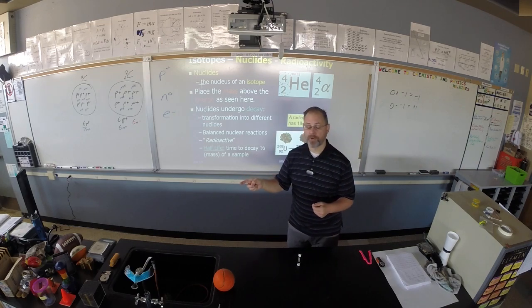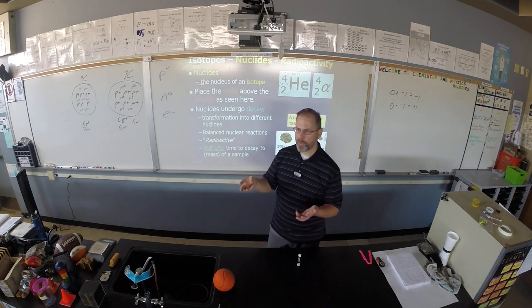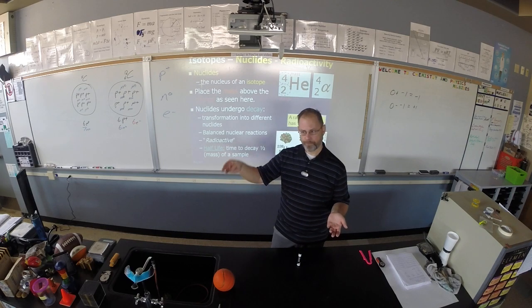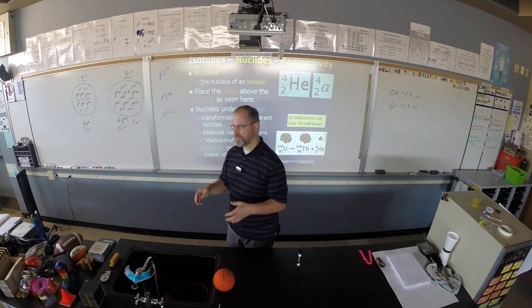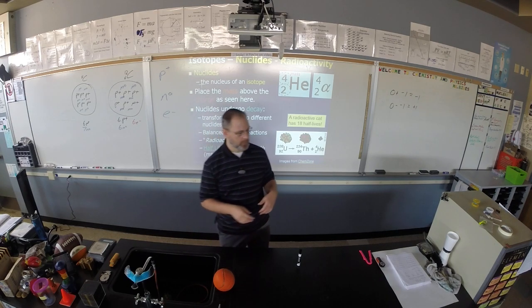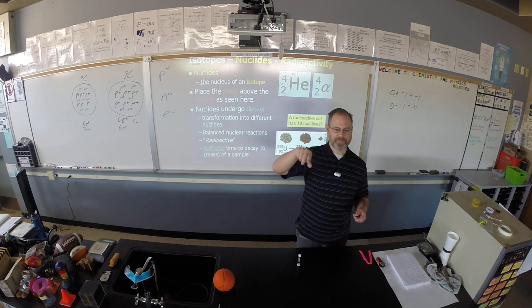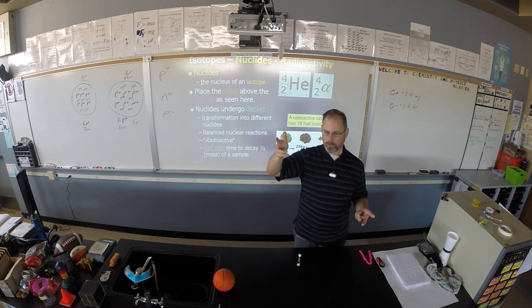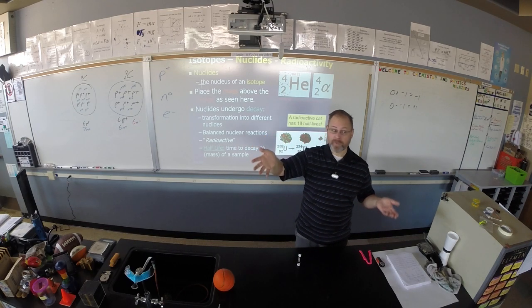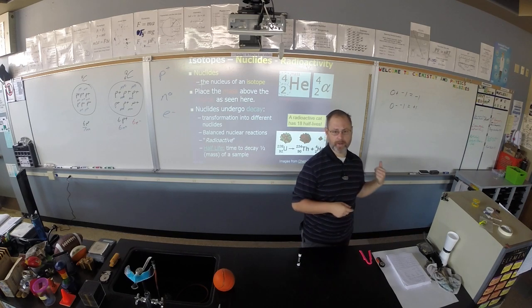And then it becomes 25 grams, how many half-lives went by? 2. If you have 12.5 grams, how many half-lives went by? 3. If you have 6.25, how many half-lives went by? 4. So 1/2 to the first power is 1/2. 1/2 to the second power is 1/4. 1/2 to the third power is 1/8. That's the math we're doing for half-life. That's it. And we'll start that on Friday.